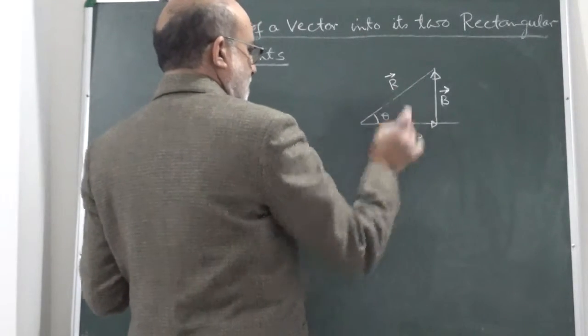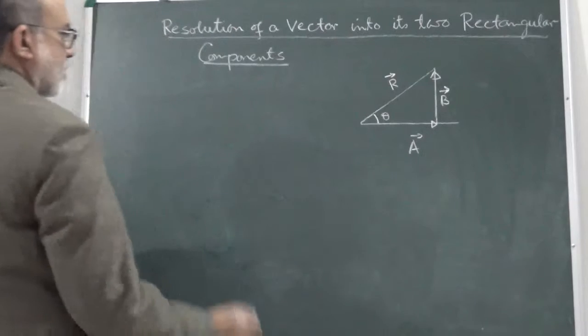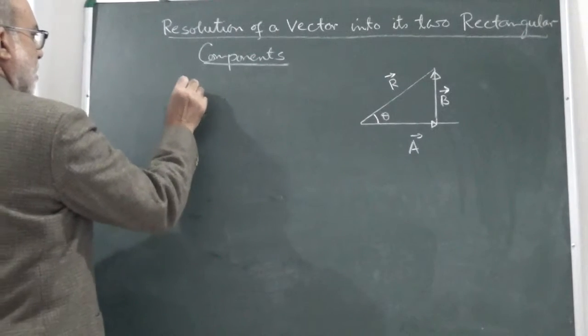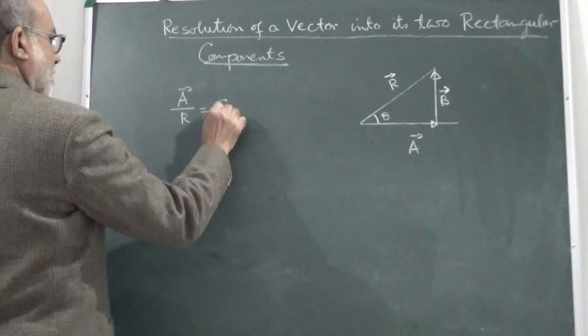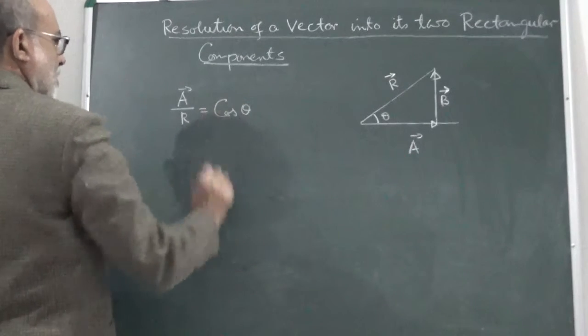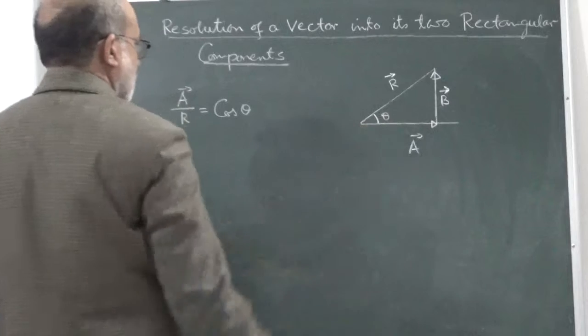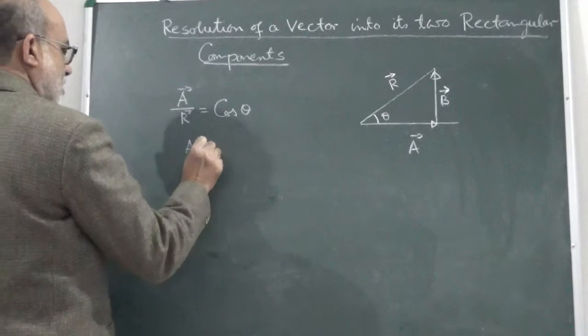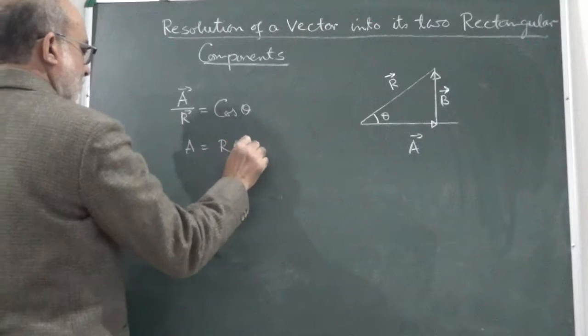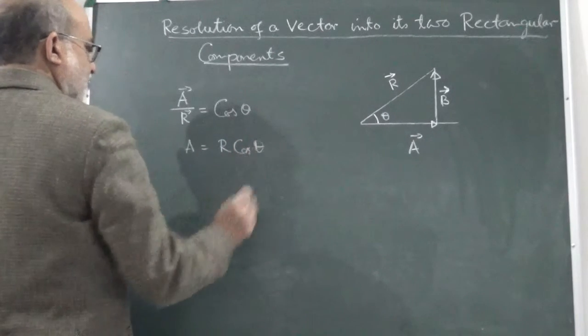So we can write A by R as cosine theta, so base by hypotenuse. So A is equal to R cos theta.